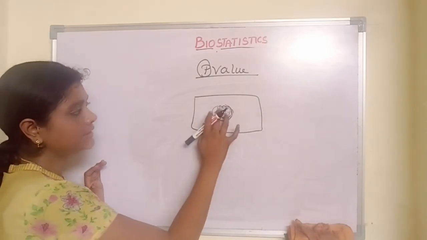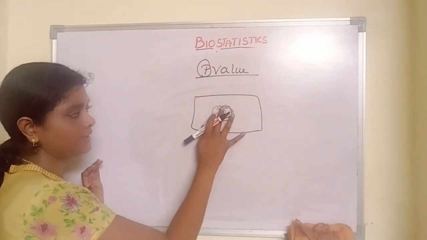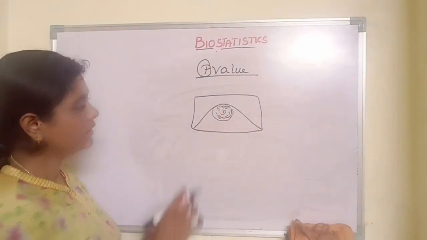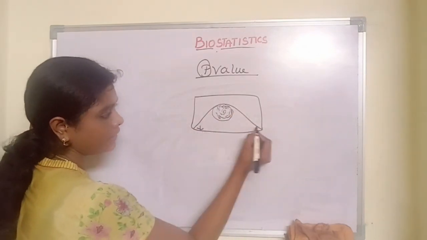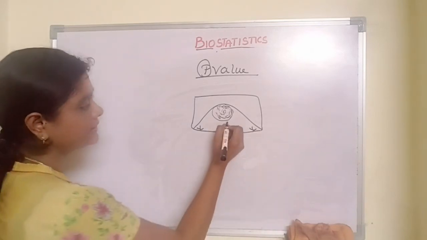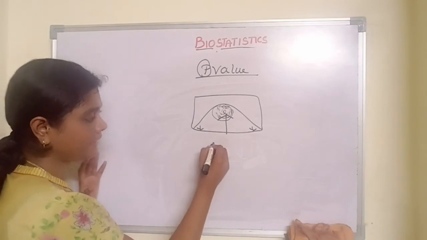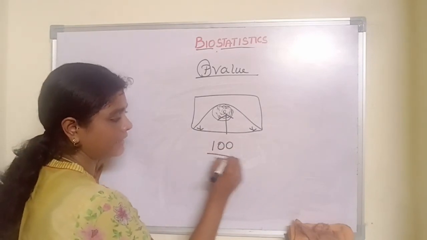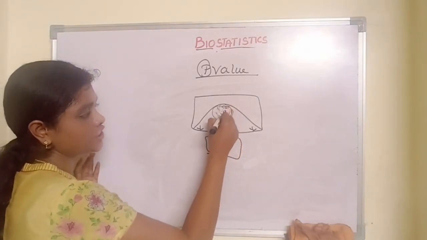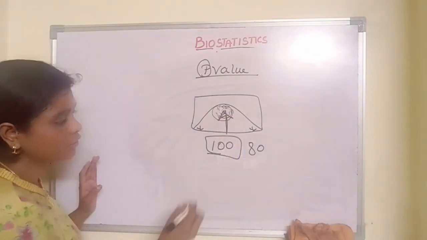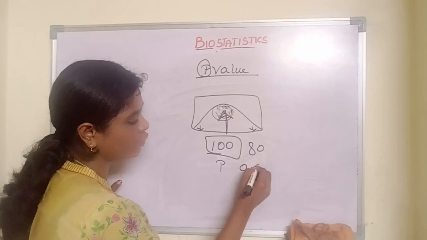There is a high probability that we will touch the touchpad in the center, and a very low probability of touching the edges. If I touch my touchpad 100 times, there is a chance of 80 times touching the center. So here my p-value is 0.8.